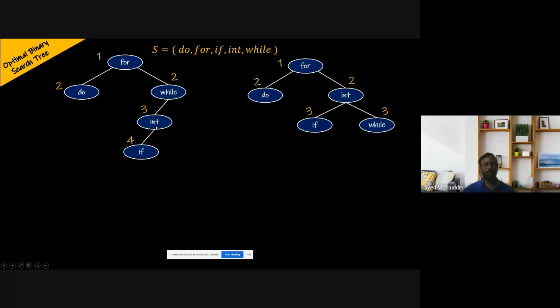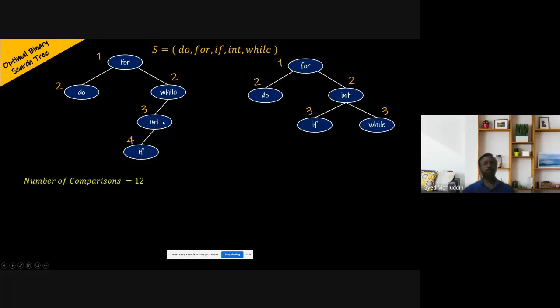Then for int we need 3 comparisons, because we have to compare for, while, then int. For if we need 4 comparisons, because we compare the root for, then its right child while, then its left child int, and then its left child if. So there are 4 comparisons.